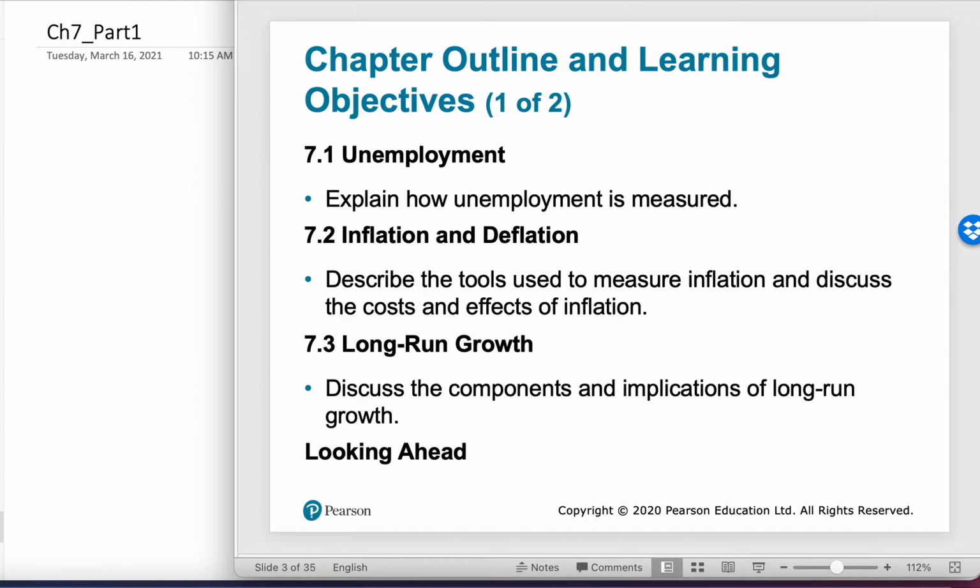As you remember, we said that there are three major concerns in economy. Number one is aggregate output growth.